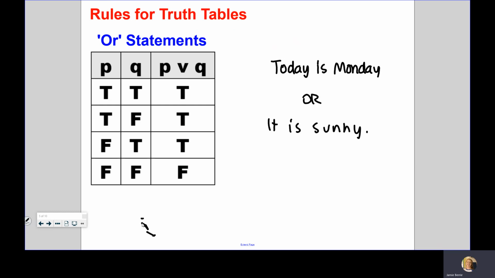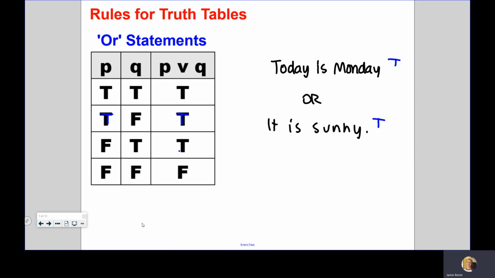Remember, P or Q means P or Q or both. So if they're both true, then of course the entire statement is true, just like on the last one. But the difference is that with or statements, all you need is for one piece to be true. That's going to make the entire statement true. You can see that reflected in the next row. And then if they're both false, the entire statement is false.